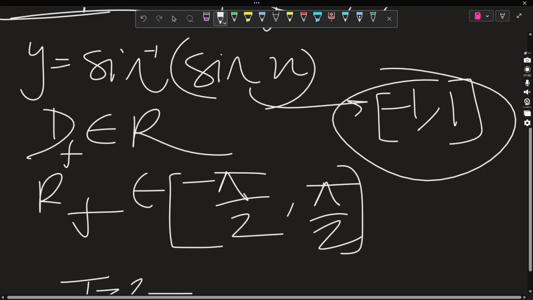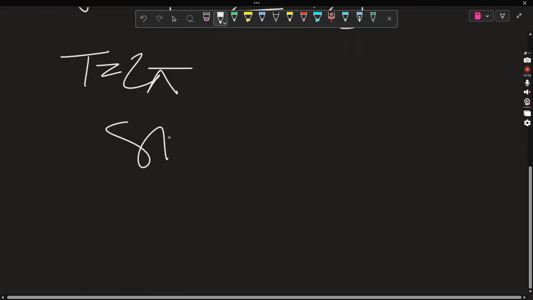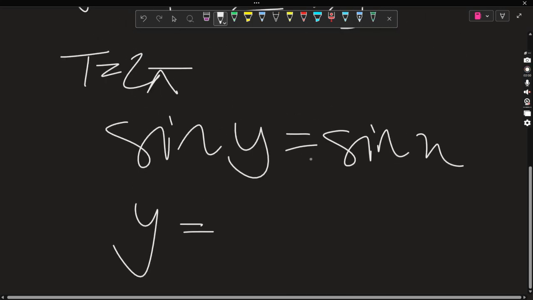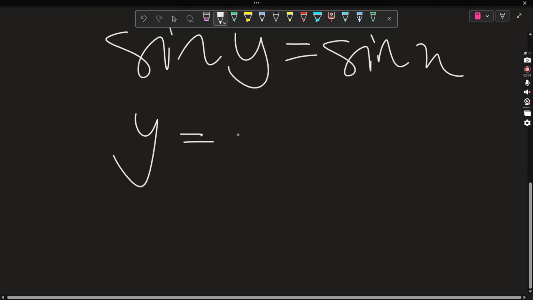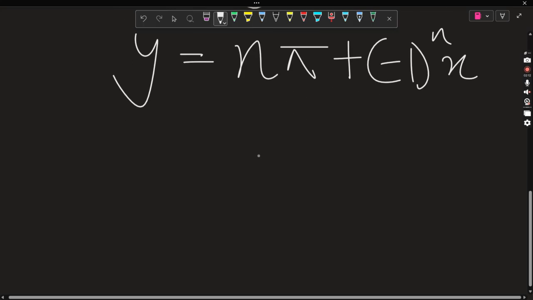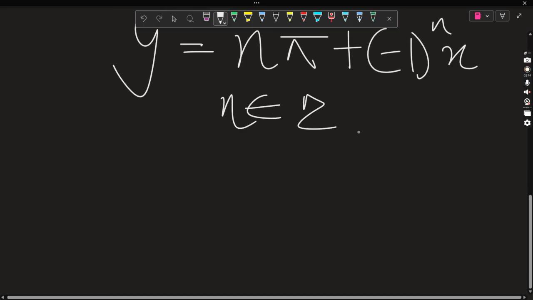Now, if y is equal to sine inverse of sine x, so sin y is equal to sin x. So y is equal to, now coming to the general solution, n pi plus minus 1 raised to the power n into x, where n belongs to integers.